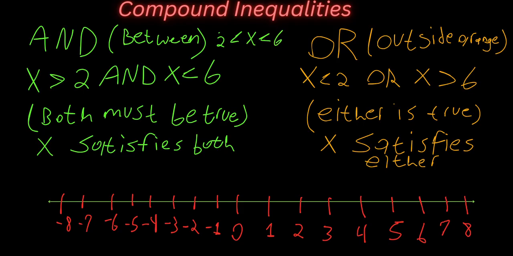Remember, this is a range. So we put an open circle at 2 and an open circle at 6. X must be a number between these two points. Any value not between those points will not satisfy the inequality.